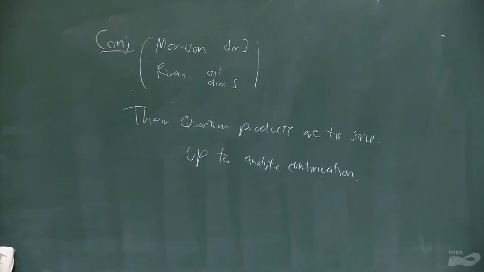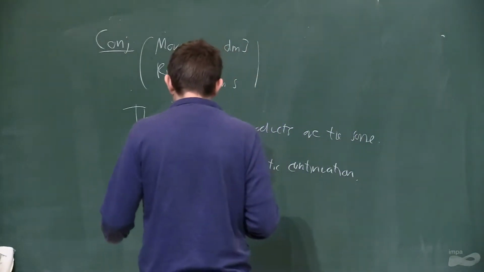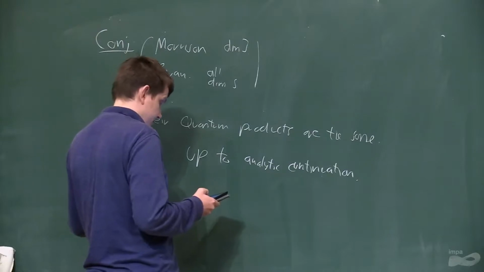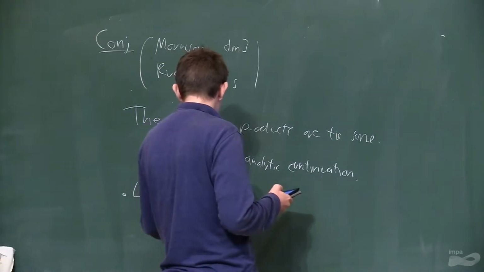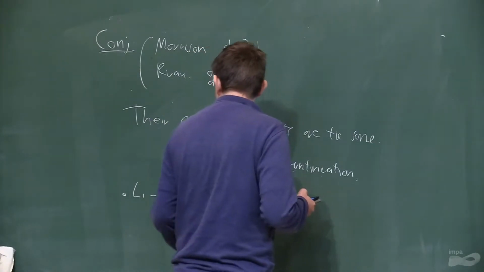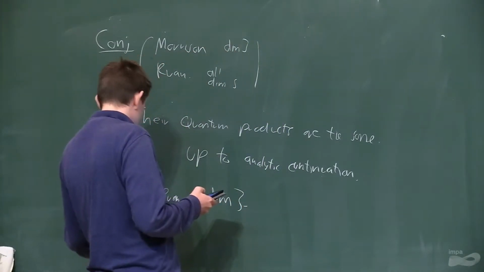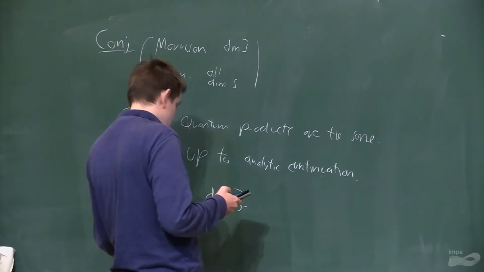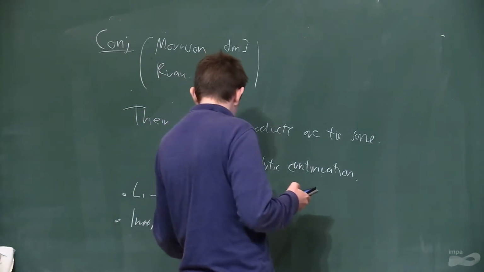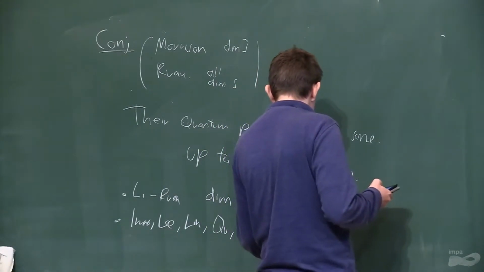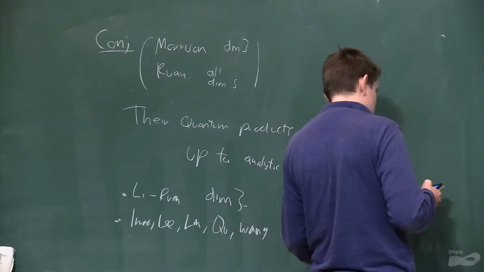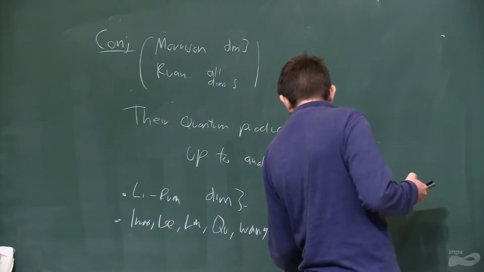So let me just tell you some results towards this conjecture. Li and Ruan proved this in dimension 3. And then a whole bunch of people, Iwao, Lee, Lin, Qu, Wang, in a bunch of papers from 2011 to 2014, proved this for ordinary flops.